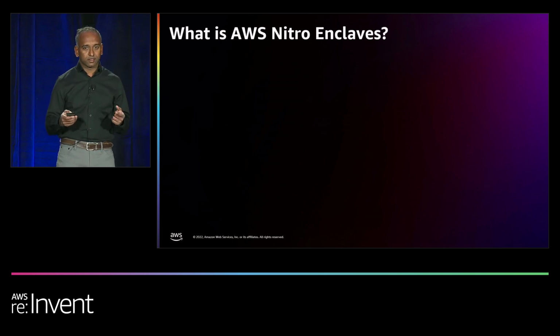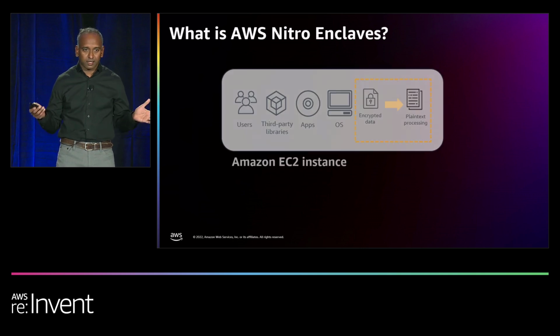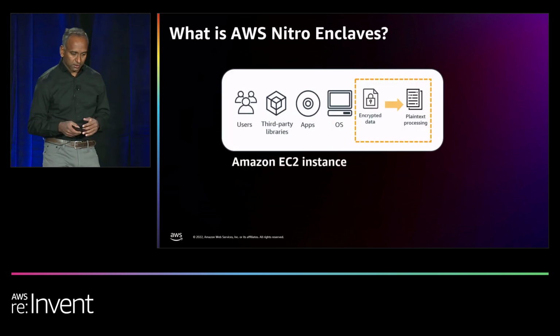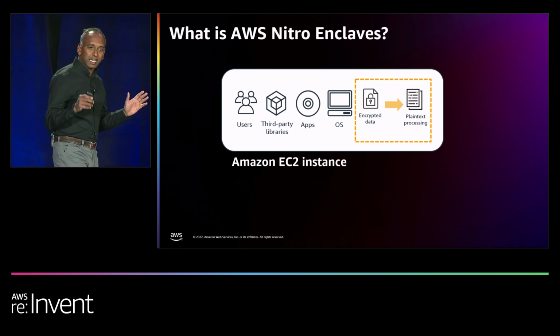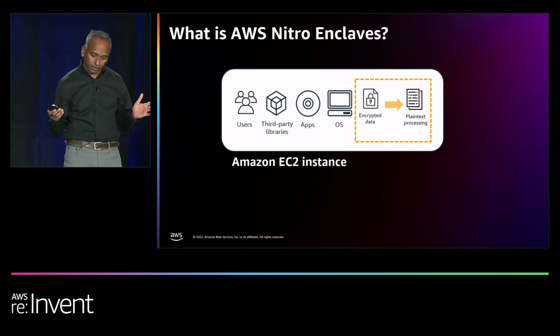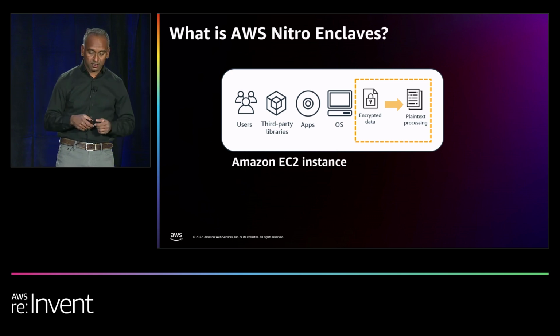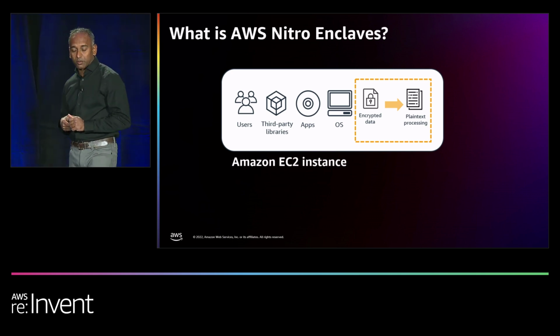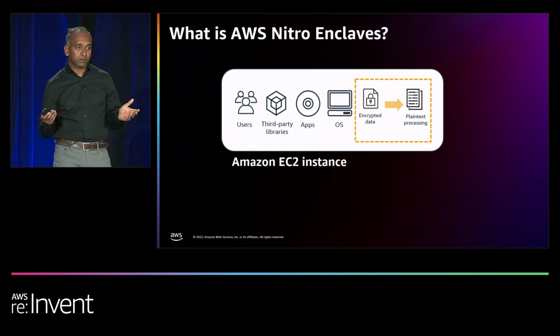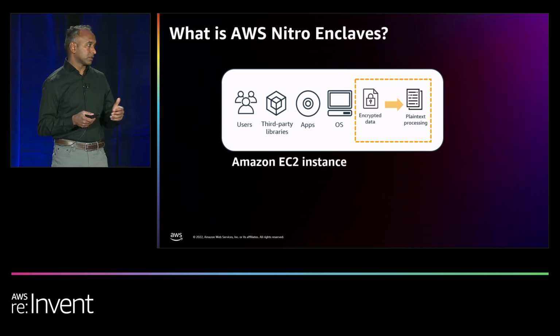To understand that, let's first take a look at what a standard EC2 instance would look like. Here's a high-level representation of what an instance might look like. Within your instance, you could have your OS, your applications that are running in there to process the data, third-party libraries probably, and of course, a bunch of users who could have different levels of access to what's in the instance.